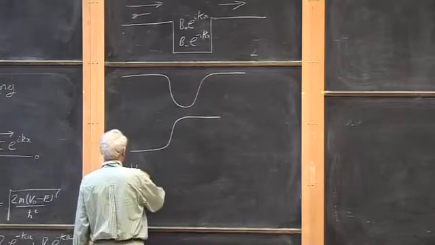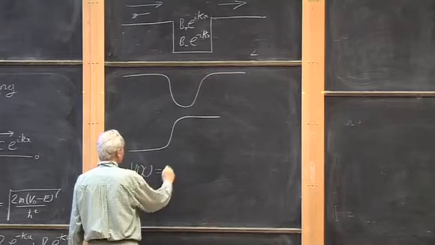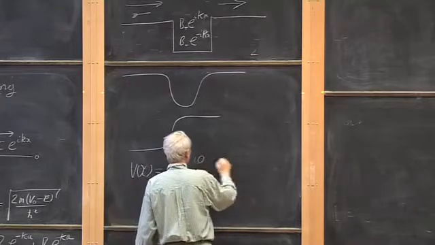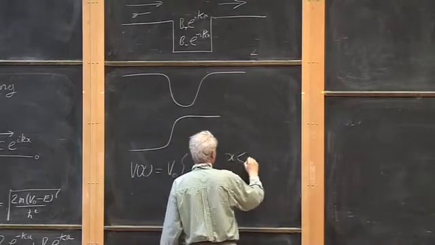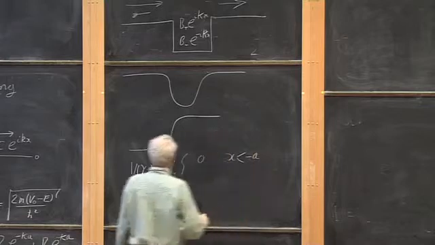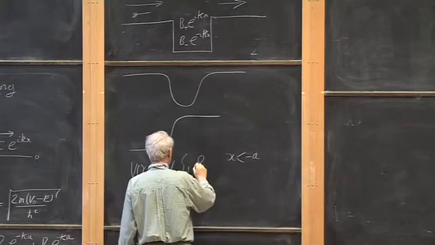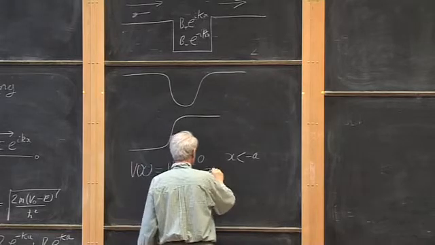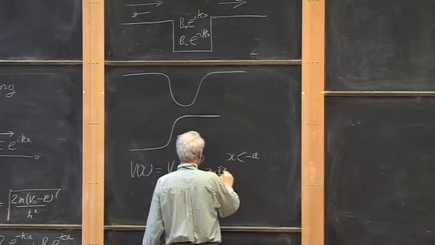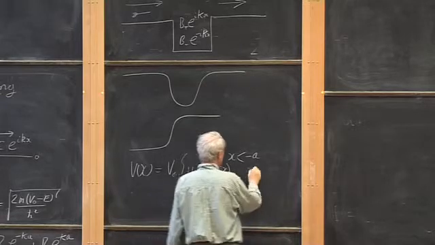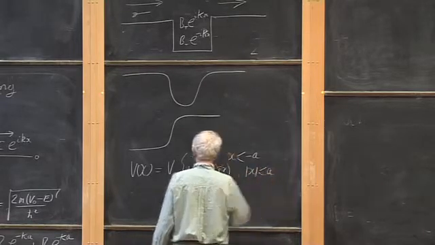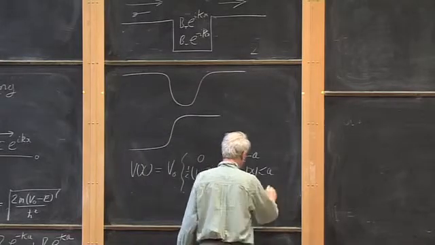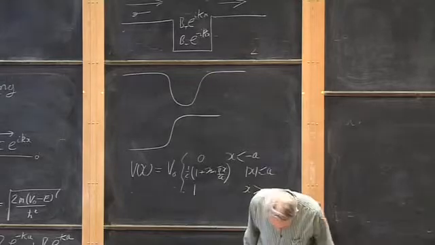So take the potential as a function of x to be equal to some constant V naught times brackets: 0 if x is less than minus a, and in this zone, something like 1 plus sine pi x over a, for mod x less than a, and you take it to 1 down here if x is greater than a. I hope I've done that the way I should have done that.